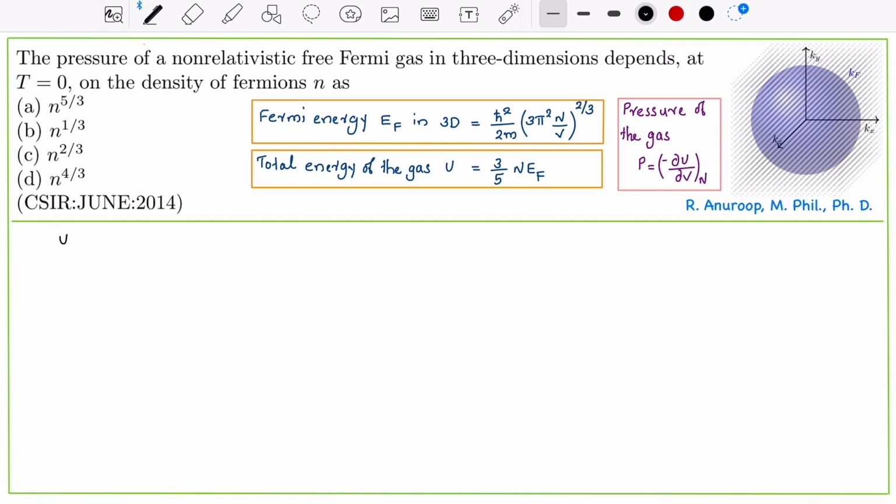First, let us write the total energy of the gas U as 3 by 5 N EF. What is EF? EF is the Fermi energy in 3D, and that is given by ħ² by 2m (3π² N by V) raised to 2 by 3.